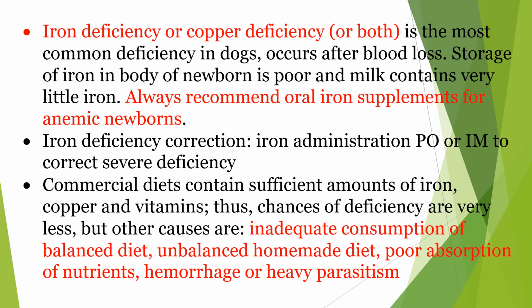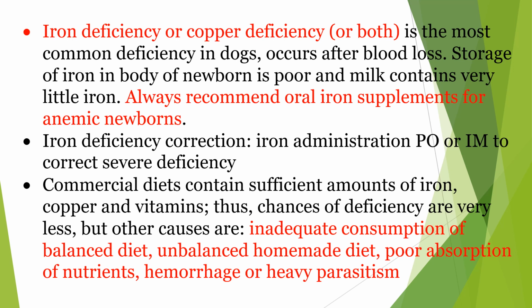Iron deficiency or copper deficiency or both is the most common deficiency in dogs, and that generally occurs after blood loss, because the storage of iron in the body of the newborn is very poor.